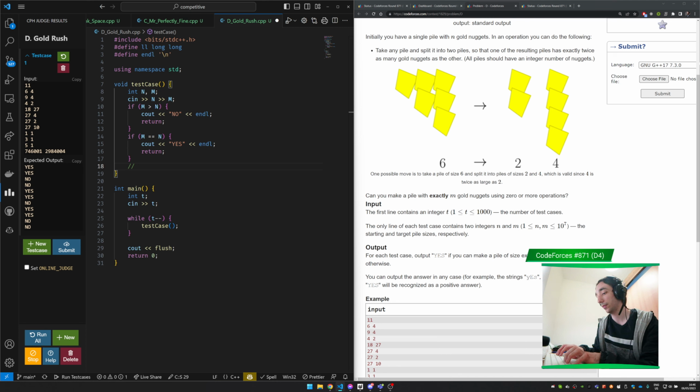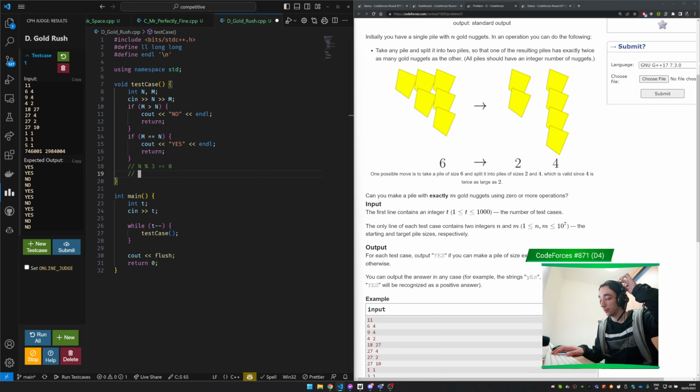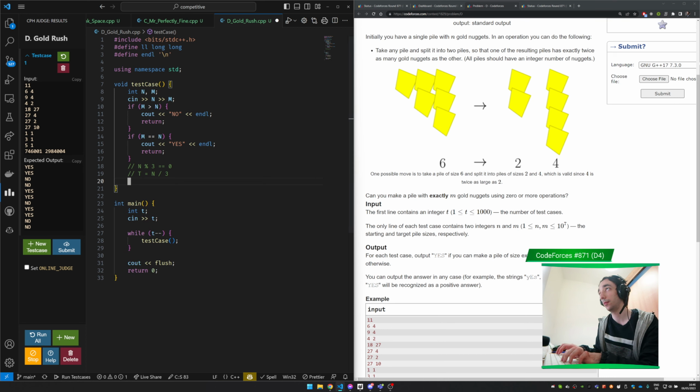So this n is divisible by 3, then we get some prime factorization, so some other number, t is equal n divided by 3. T2 is like 2 times n divided by 3.